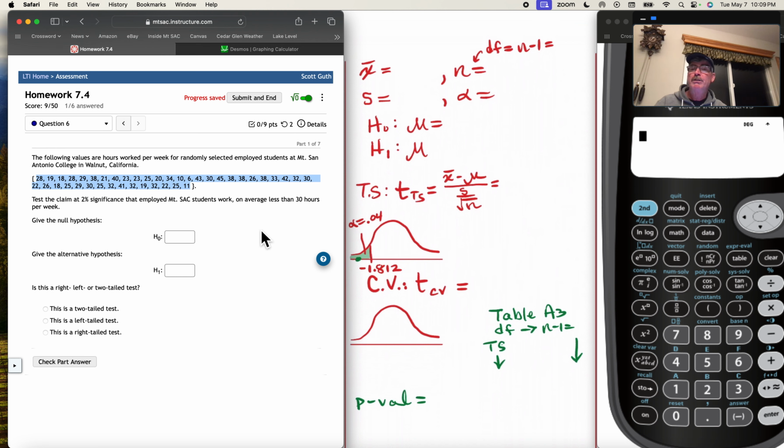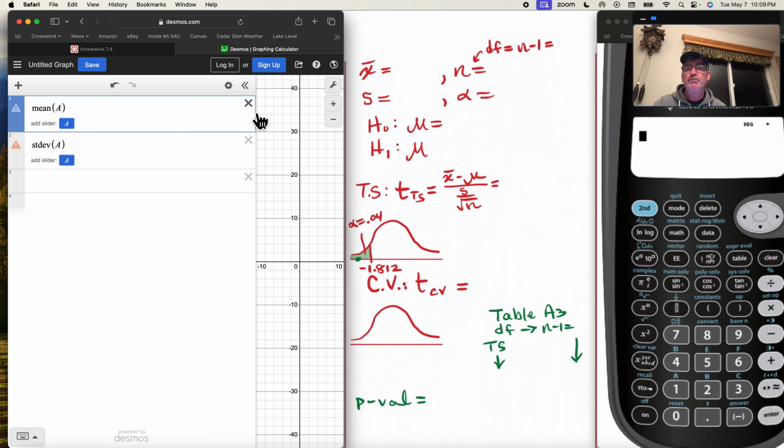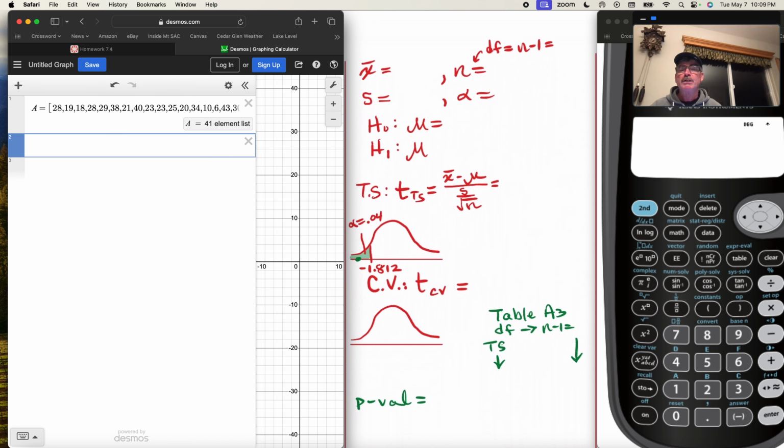So let me copy those, and then I'm going to clear out what I had in Desmos from before and restart it by saying A equals square bracket and then paste, close the brackets. There's 41 values, so I'll put down N is 41.